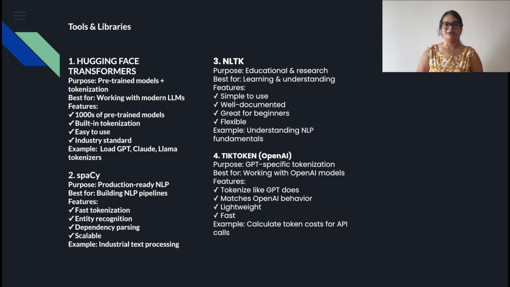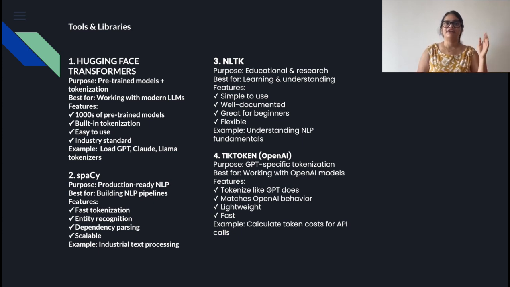Hugging Face Transformers is probably the most popular one. It's a Python library that gives you access to thousands of pre-trained models, and tokenization is built in. You load a model, pass your text, and it tokenizes automatically. spaCy is another powerful library, especially for NLP tasks.